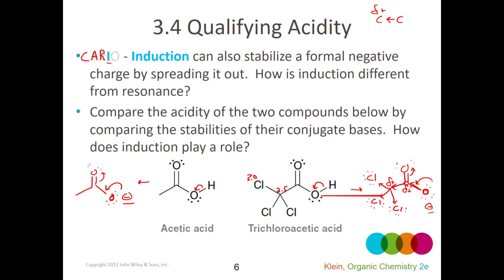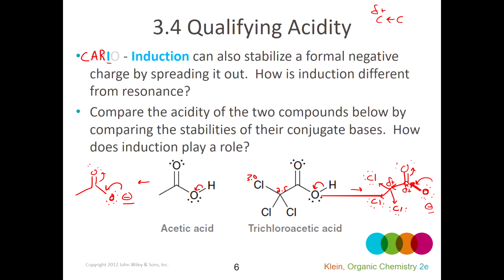But it is pulling away shared electrons, right? So induction is always the attraction of shared electrons toward a more electronegative atom, or the effect of a more electronegative atom on the shared electron. And so as this chlorine pulls electrons away from the carbon, that carbon pulls electrons from the neighboring carbon, and that carbon pulls electrons away from the oxygen, the shared electrons get pulled away a little bit from the oxygen.